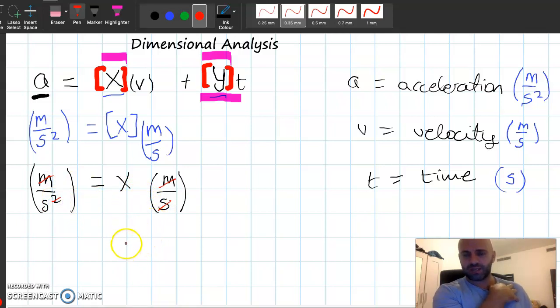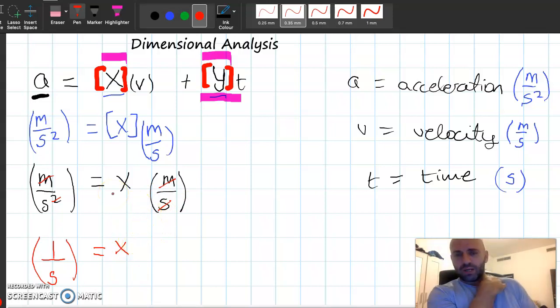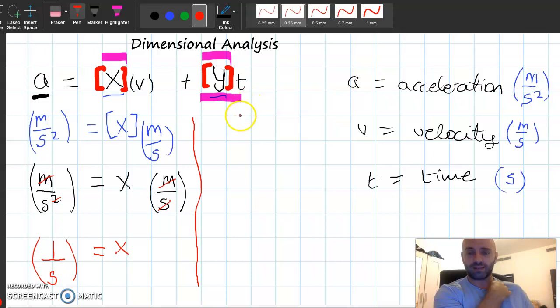So the unit of x, don't know what it measures, is 1 over seconds. It looks to be a quantity like frequency, which would be seconds to the minus 1. So that's the first one sorted.